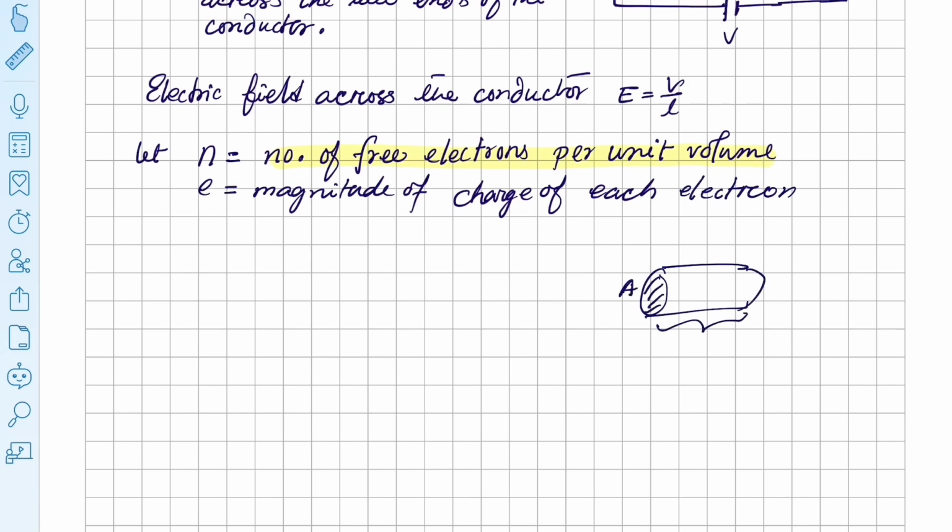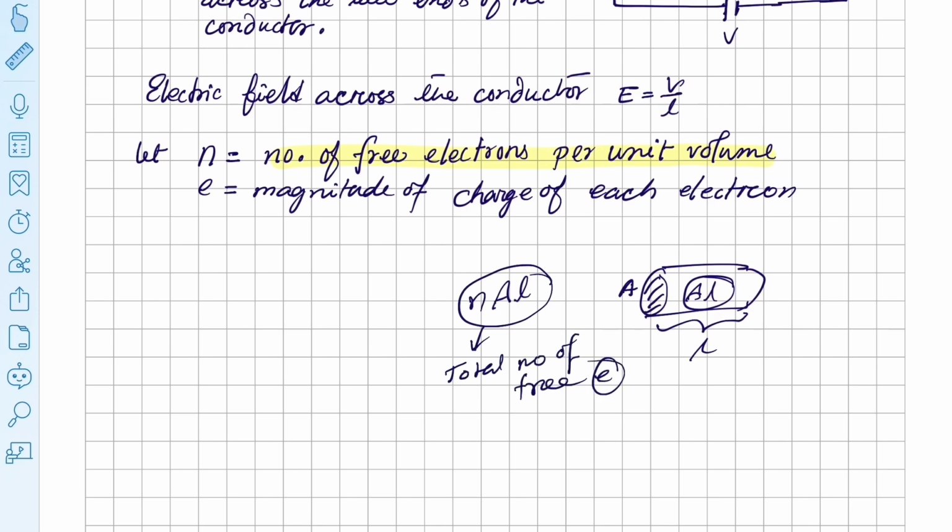If the area of cross section of this conductor is A and the length is L, then its volume is A into L. Volume into the number of free electrons per unit volume, that is nAL, is the total number of free electrons. Charge of each electron is e, so the total charge in this conductor will be Q is equal to e into nAL. Hope you have understood this.